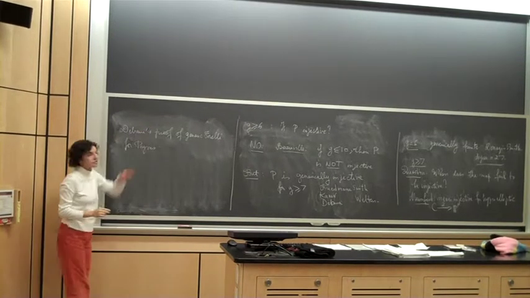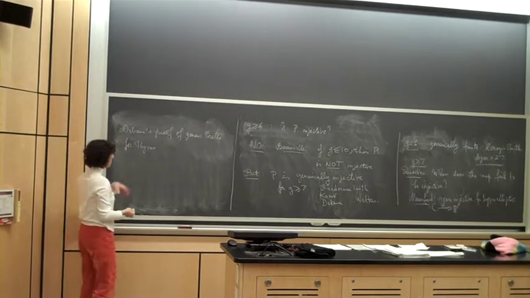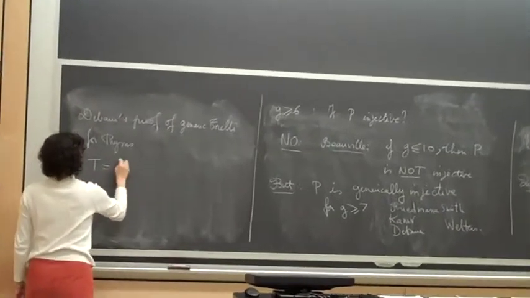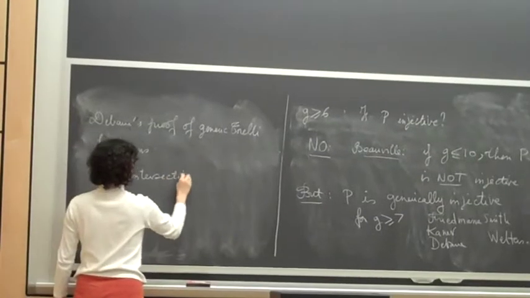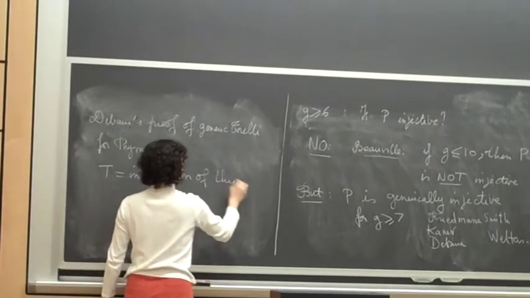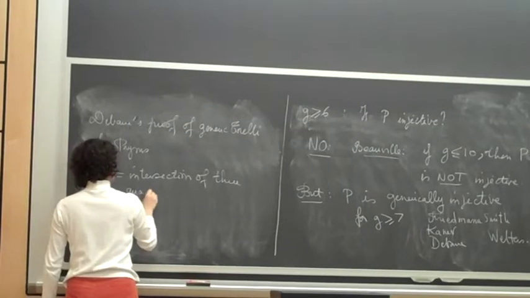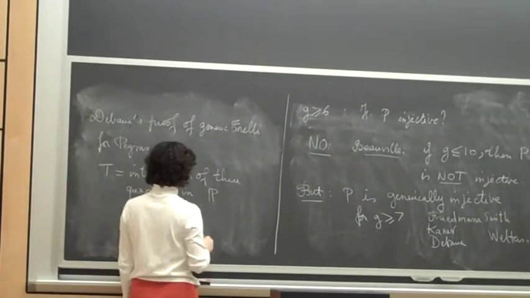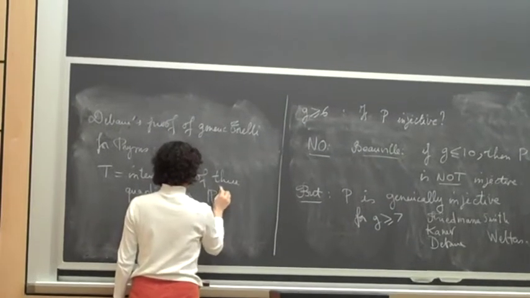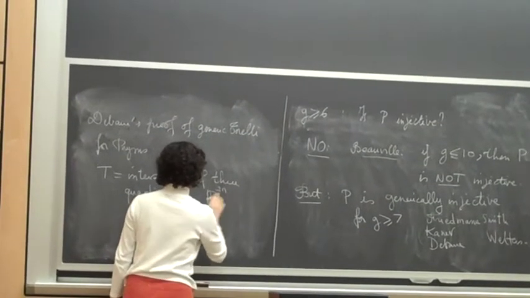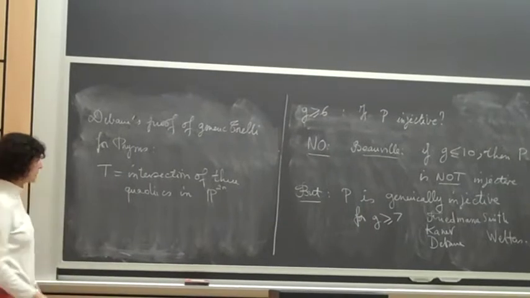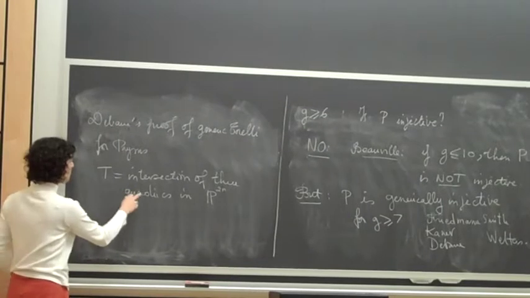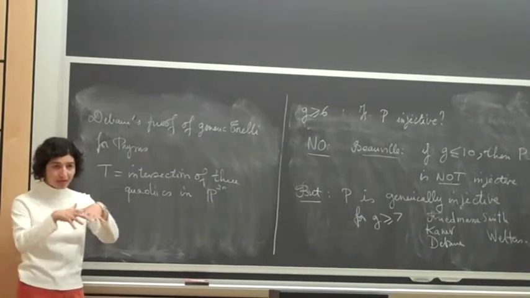It was motivated actually by a higher dimensional case, which is the case of intersections of three quadrics. So if you take an intersection T of three quadrics in P^{2n}, you have a net of quadrics.